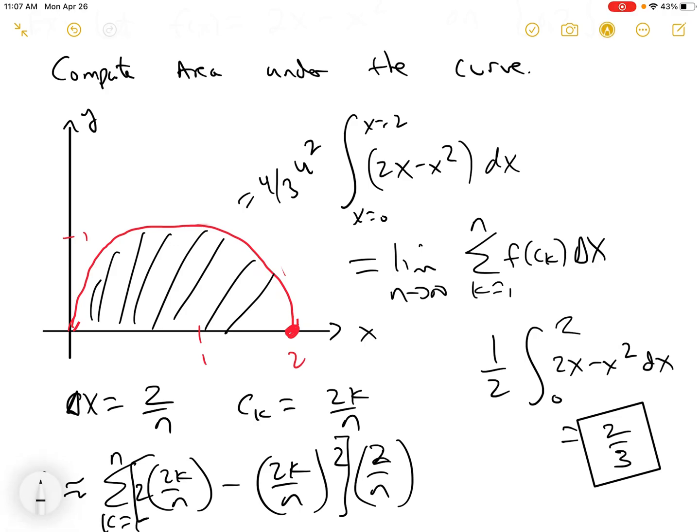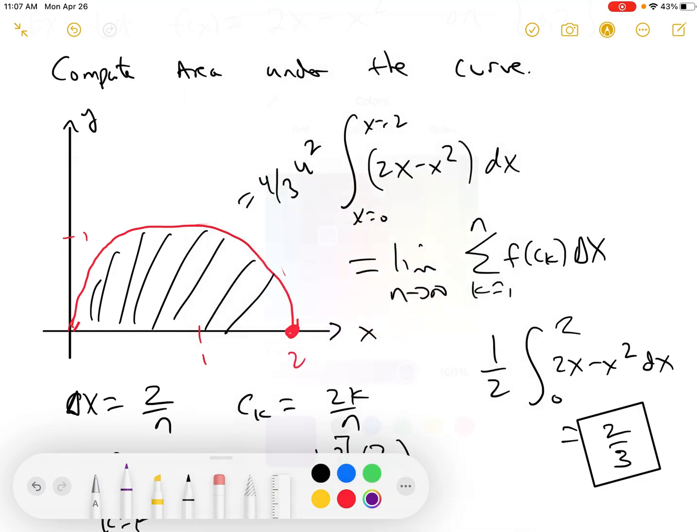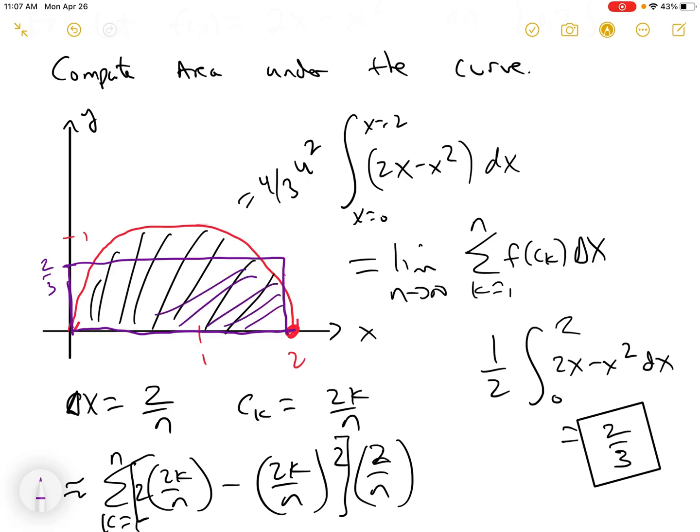And this is the picture we need for the next bit. If you take this length here, and then you go up to 2/3, which is the average value, and you make a rectangle out of it, okay, the area of this rectangle equals the area under the curve.